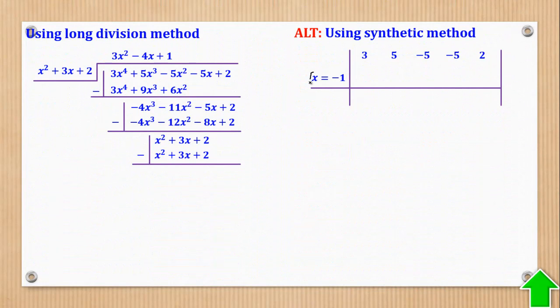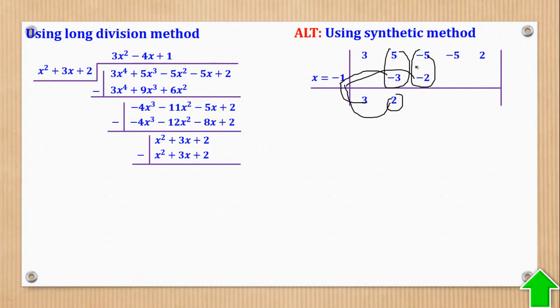So whatever you start with is okay. So let's start with x equal to -1. So what you do, you bring this 3 down here. Then 3 times -1 gives you -3. That's what you put here. Then you add these 2 to get 2. Then 2 times -1 is what you put here.